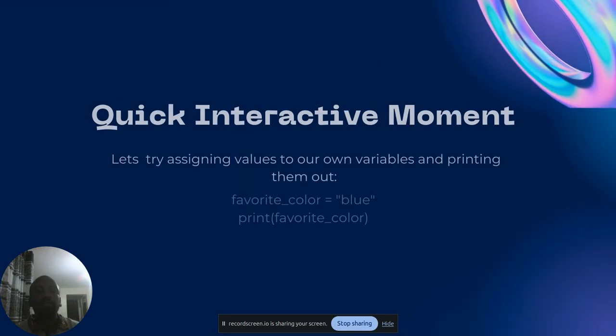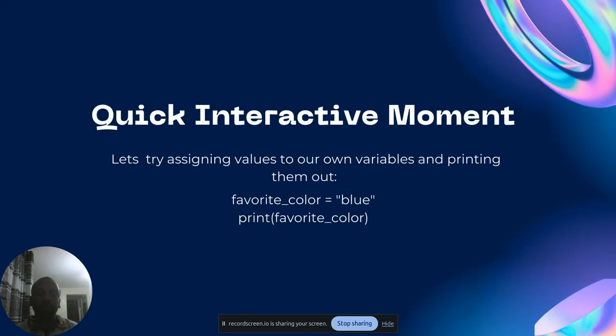Then let's do a quick interactive session. What I'd like each of you to do is pick any variable name you'd like and then assign it a value. For example, as you can see here, we have the variable name favorite color equals blue. So pick any color you like and then assign it to a variable.